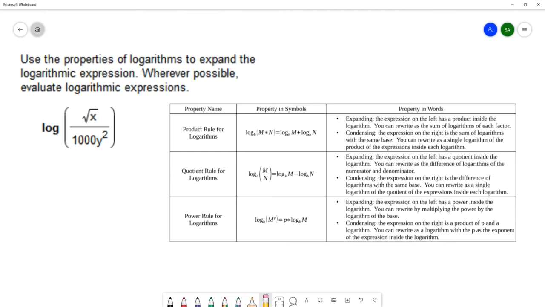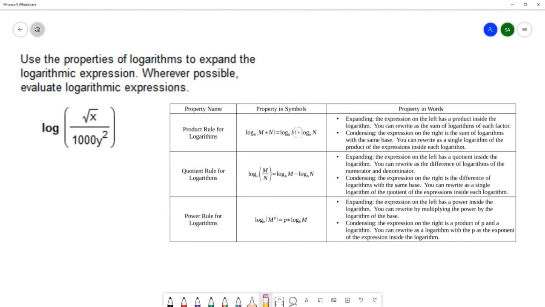And the properties that we're going to use for expanding this expression are the product rule, the quotient rule, and the power rule for logarithms. Specifically, the product rule and the quotient rule are the ones that we consider to be expanding.